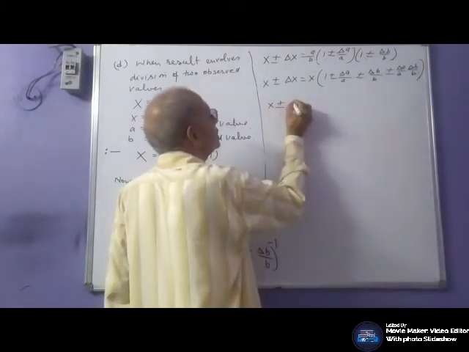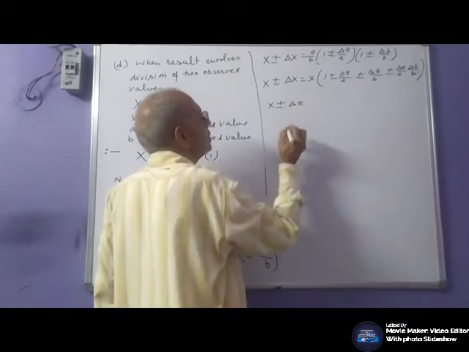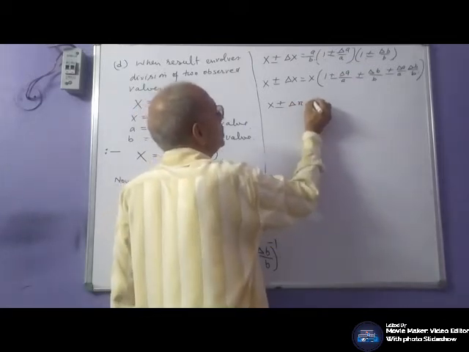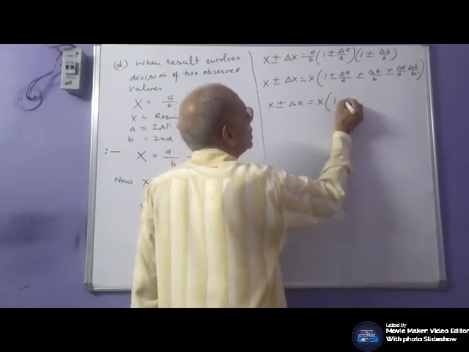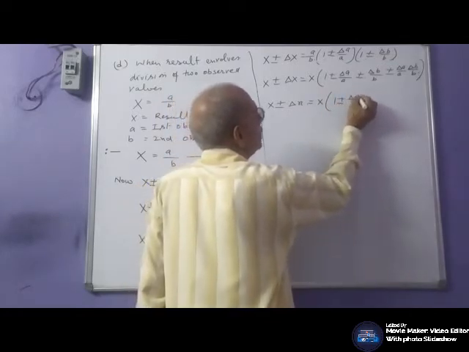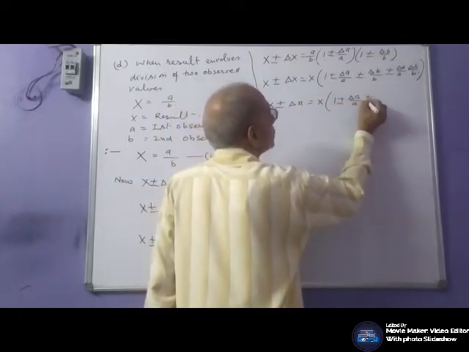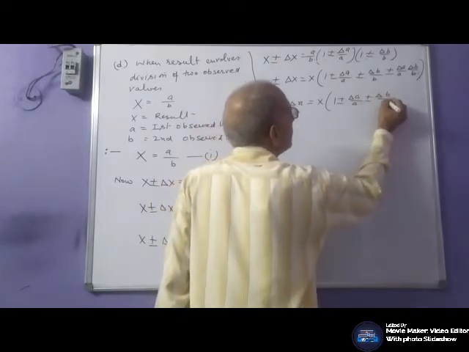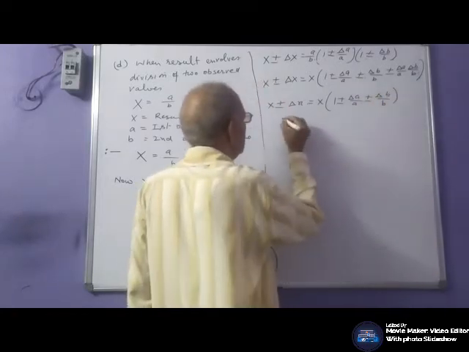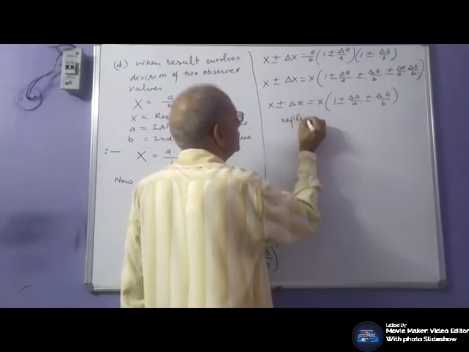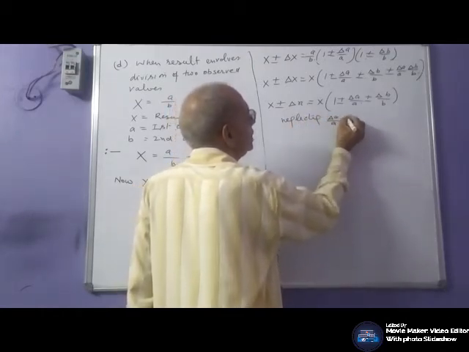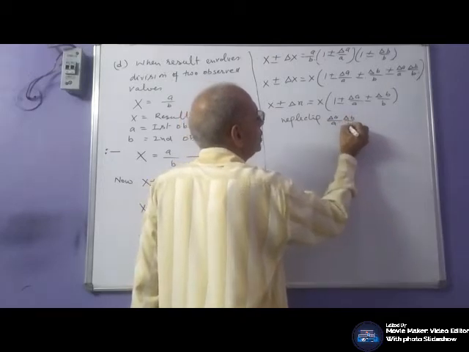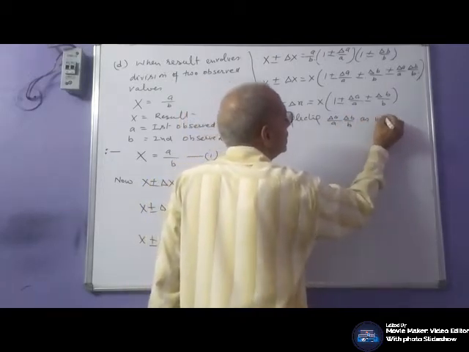X plus minus delta x is equal to x times 1 plus minus delta a by a plus minus delta b by b, neglecting delta a by a into delta b by b as very small.